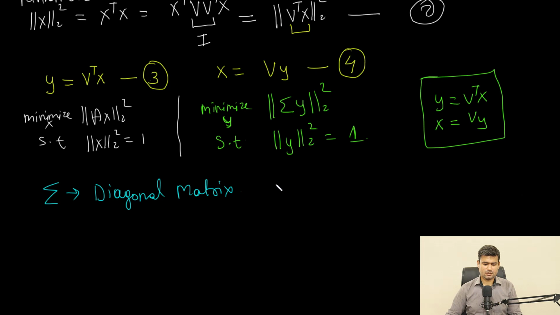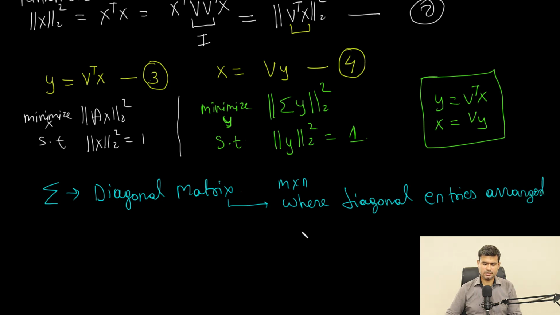Sigma is an m cross n matrix with non-diagonal entries being 0 and the diagonal entries arranged in decreasing order.